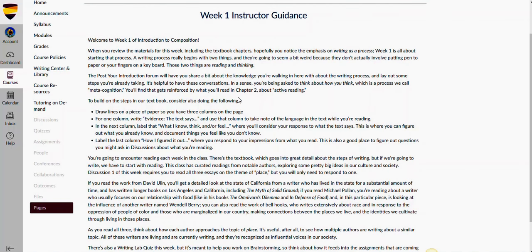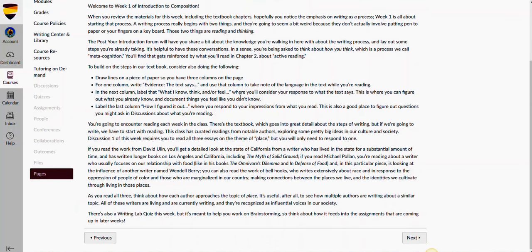You'll see it's a pretty stripped down summary of the week, and we want instructors to take this information to personalize it in order to show your own instructor expertise, and also add media or applicable YouTube videos or something else, a current event or something that ties into the course material for that week.